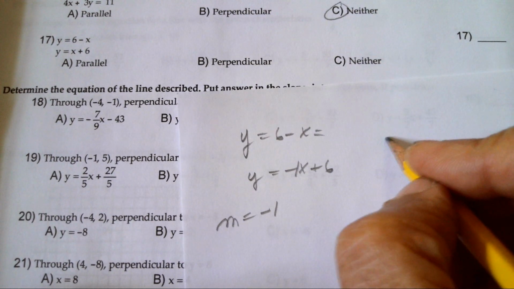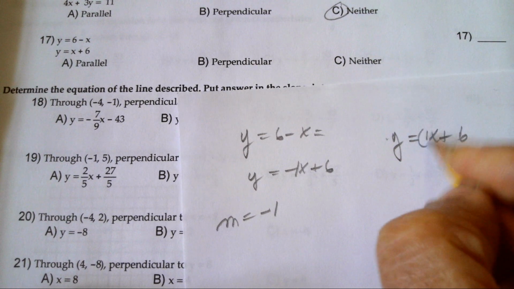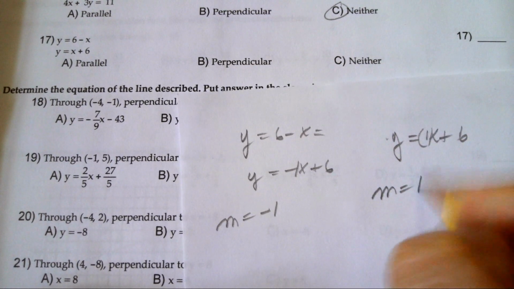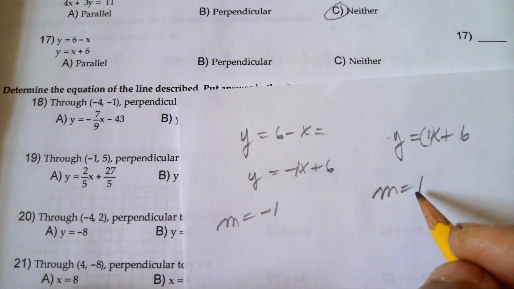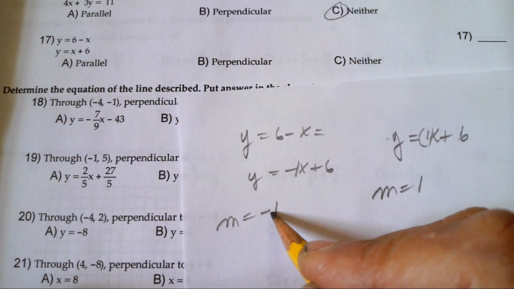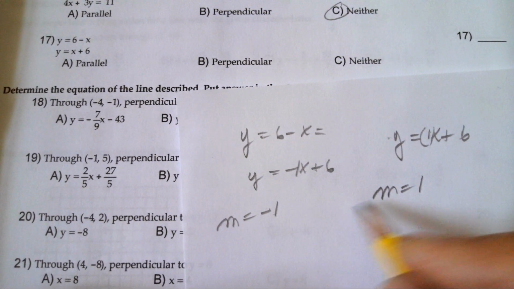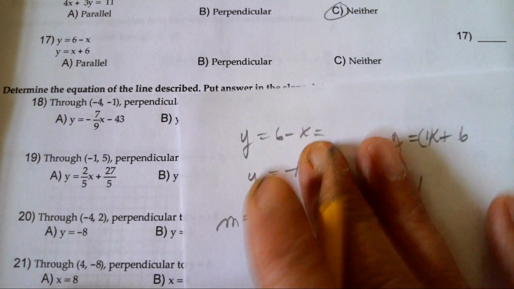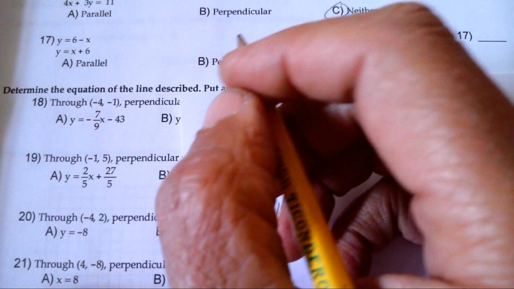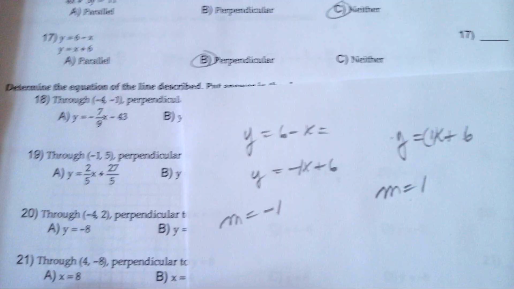And the other line is y is equal to x plus 6. The slope here is 1. How does positive 1 compare with negative 1? Well, the product of these two is negative 1, or they're negative reciprocals of one another. Negative 1 times positive 1 is negative 1, therefore the lines are perpendicular.